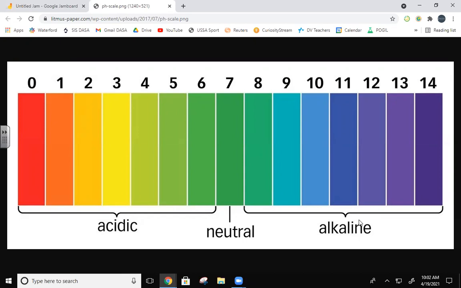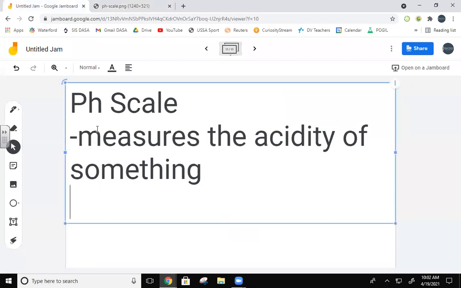When I was in high school, the term alkaline was used, but we mostly used basic. Science has moved away from using the term basic. But acidic, alkaline. So Hannah's definition was measures the acidity of something.